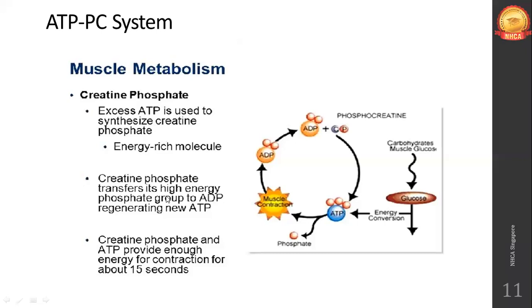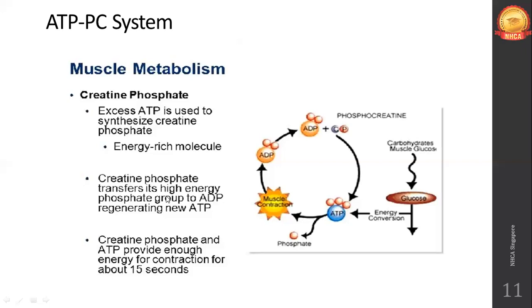Remember, ATP breaks down. ATP will give out a phosphate, break down the phosphate bond and give out energy, and it becomes ADP. Adenosine triphosphate becomes adenosine diphosphate. Now your body has adenosine diphosphate. How to convert it back into triphosphate? That's when creatine phosphate comes. Creatine phosphate is again a high energy molecule.